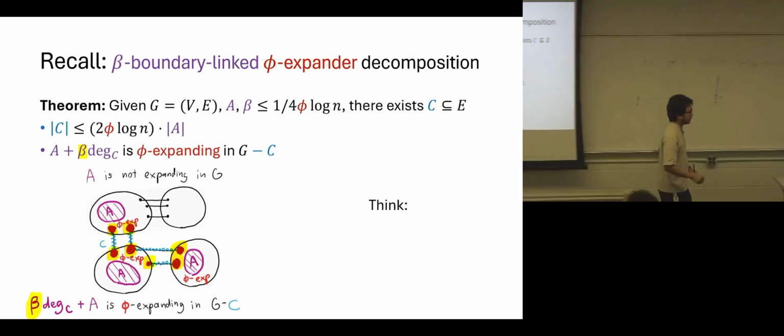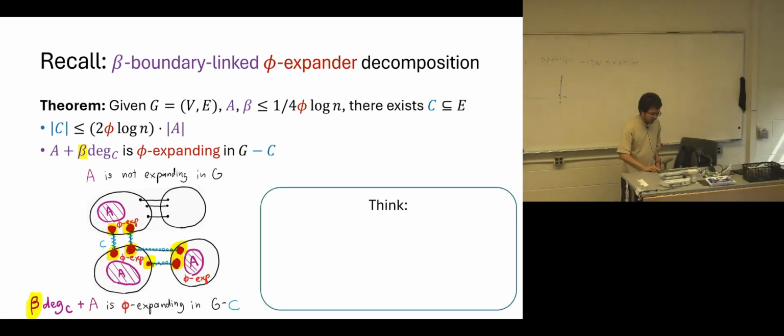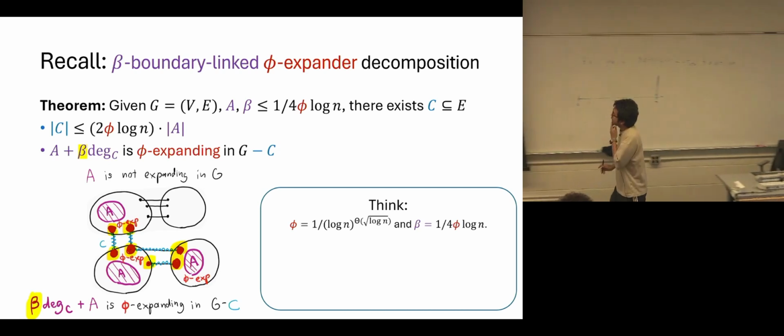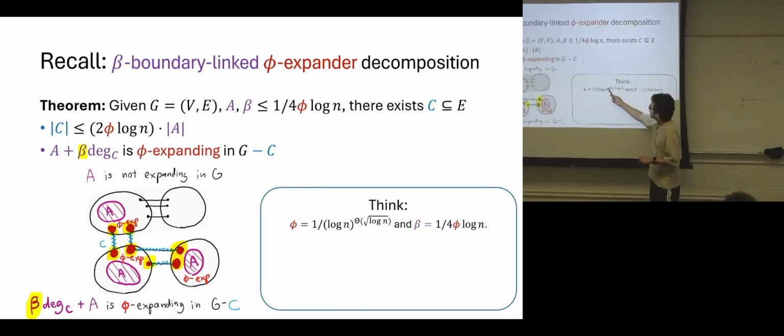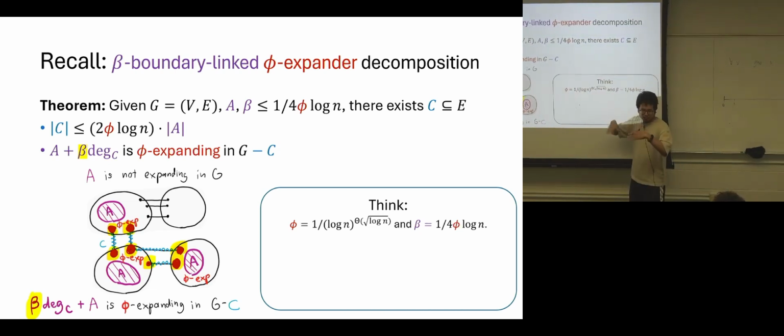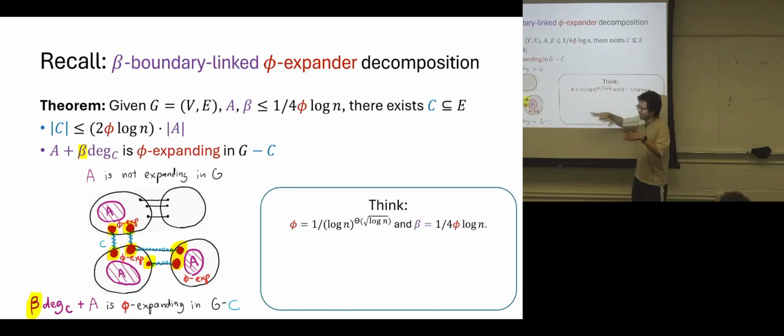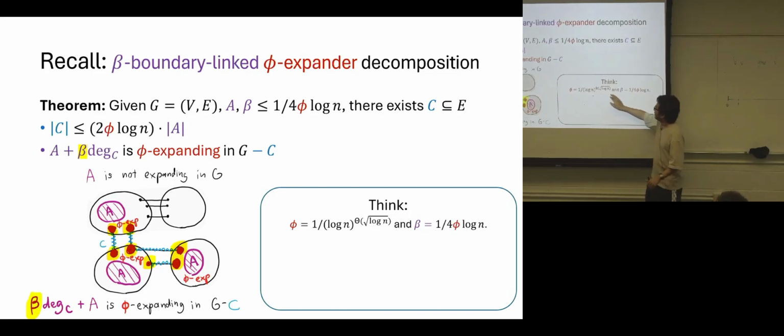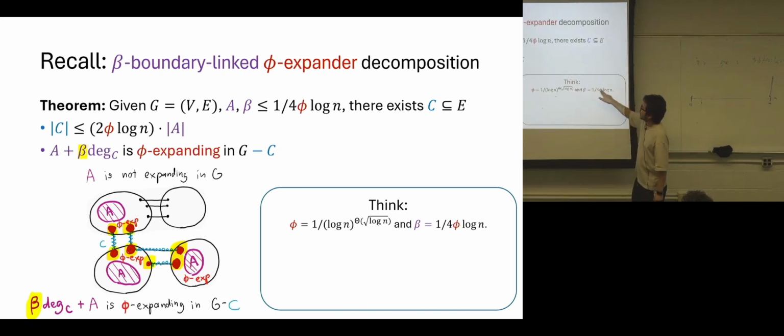Maybe you should think of phi as something like 1 over log to the 100, something small, like 1 over a large polylog. But think of beta as this thing.